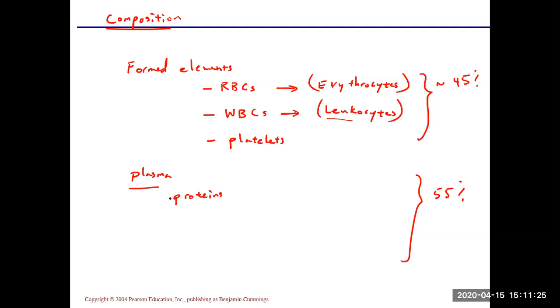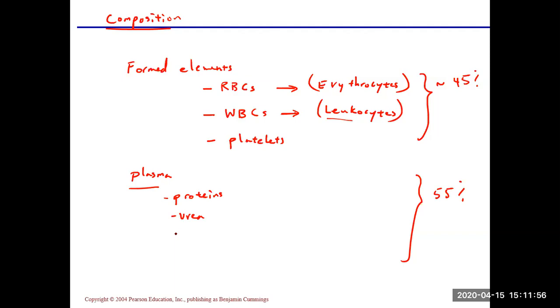There are a lot of proteins, and many of them are made in the liver. There are also some substances that are not protein, some waste products, like lactic acid and urea. Usually those are the waste. Creatinine too, but urea is the most important one.